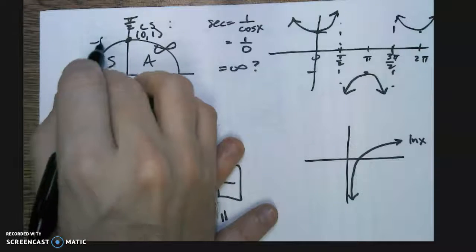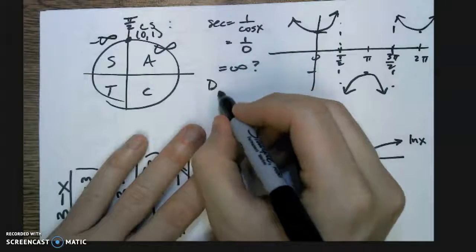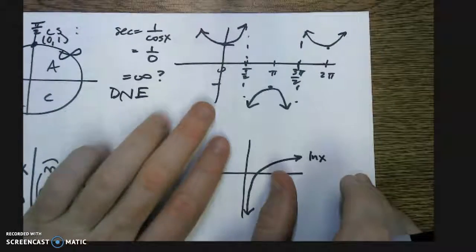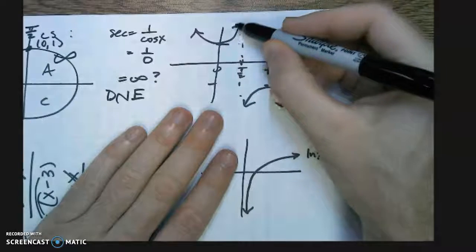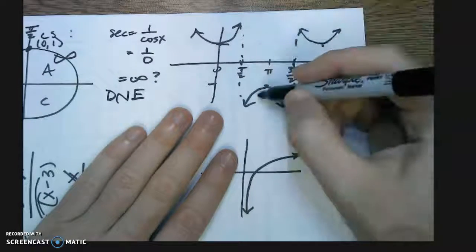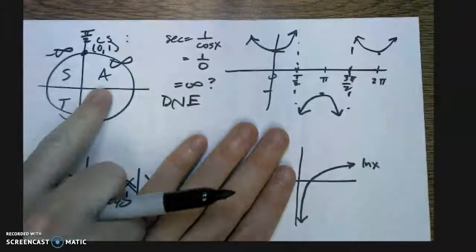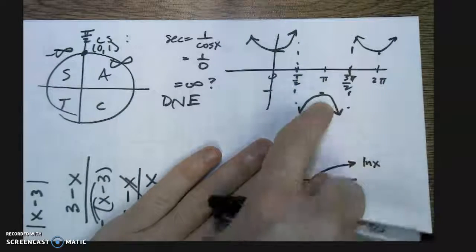So negative infinity over here. And these don't match, so the limit does not exist. You could look at a secant graph, which looks like this, and see pi over 2 is positive infinity when it's less than and negative infinity when it's greater than. So you can either use your unit circle, all students take calculus, or look at a secant graph.